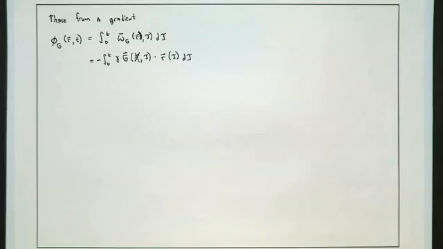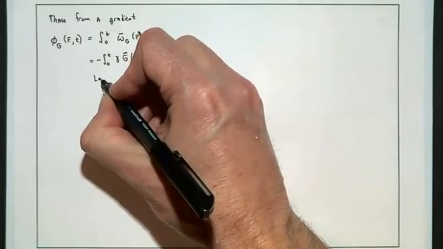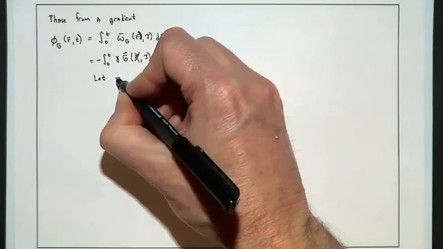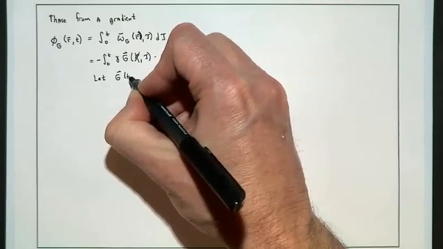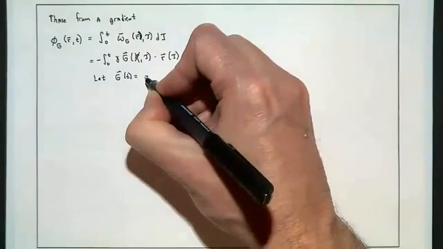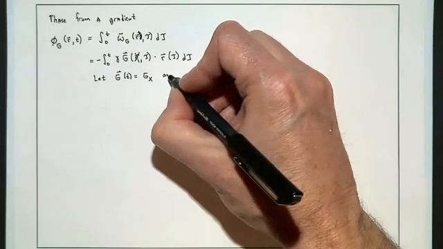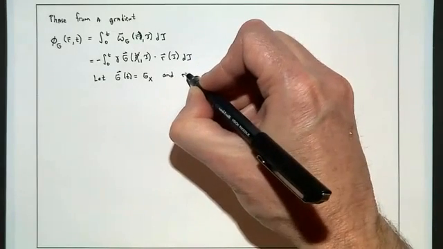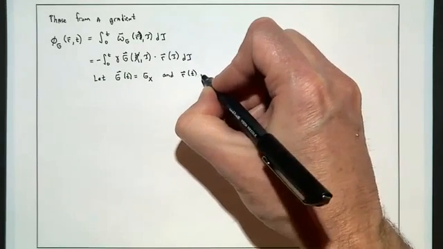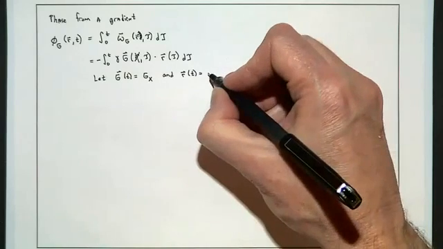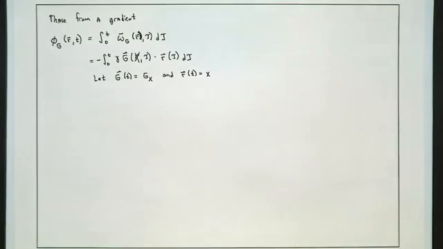We may, for example, choose a simple case of letting our g of t in general just be equal to some gx, meaning we're just going to turn on an x gradient of an amplitude gx. And let's go ahead and just look at a simple position and say that the position that we care about is not changing with time, and it's just fixed at position x.